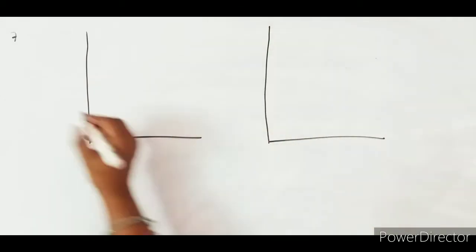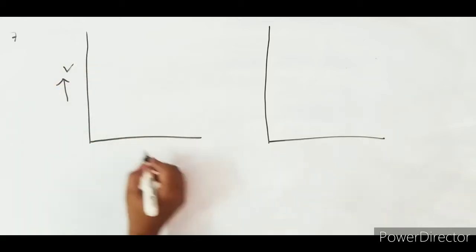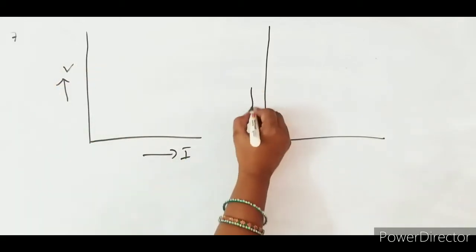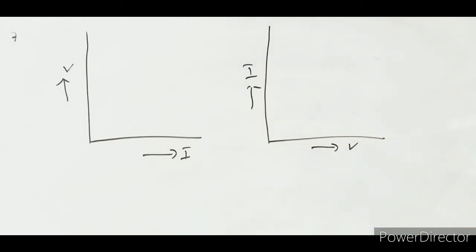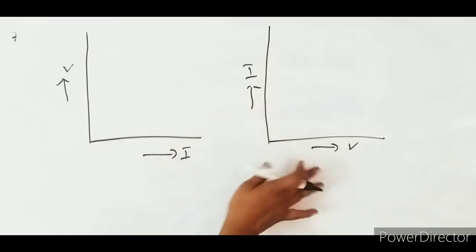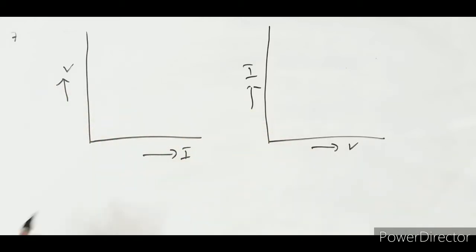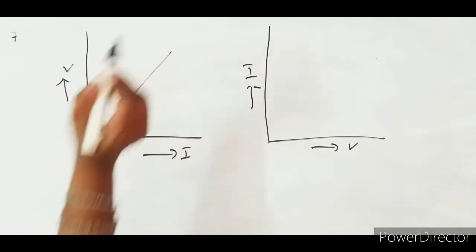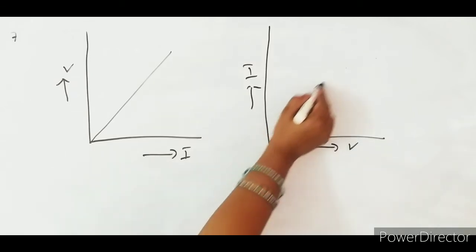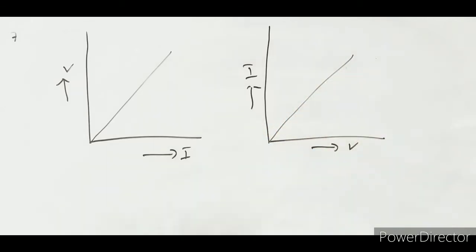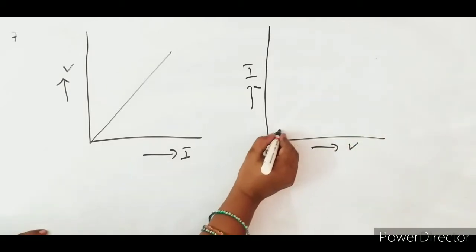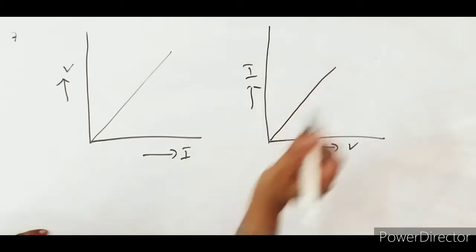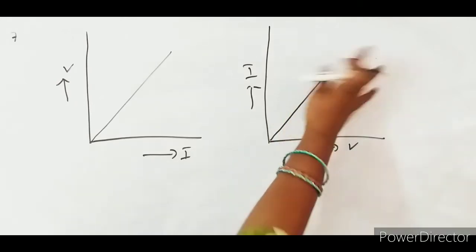Let me take two graphs. This is the same thing only; here I have taken V and I, and in the other I have interchanged them. The physical quantities are the same, just interchanged. Now, considering Ohm's law, see children, this will be a straight line.